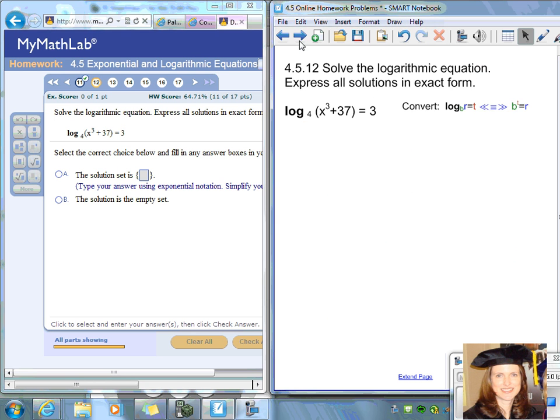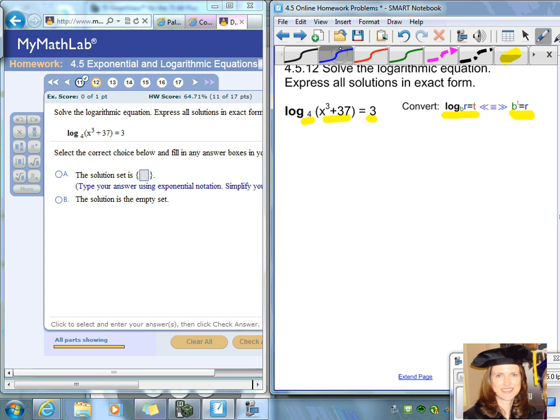Okay, let's look at question number 12. Solve the logarithm: log base 4 of x to the third plus 37 equals 3. We want to identify the base, 4, and the exponent, 3, that has to equal the argument. It's in logarithmic form. We're going to convert it to exponential form.